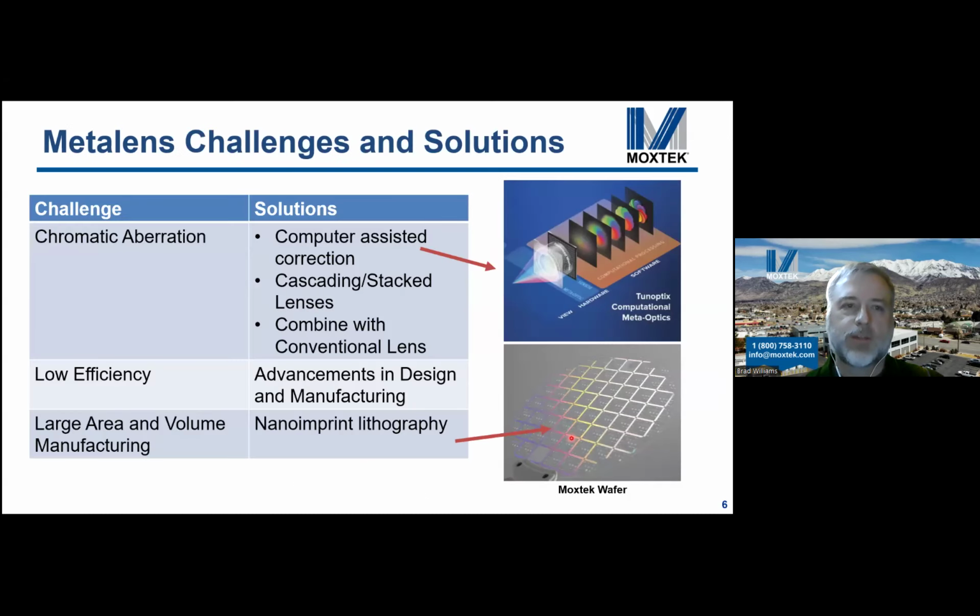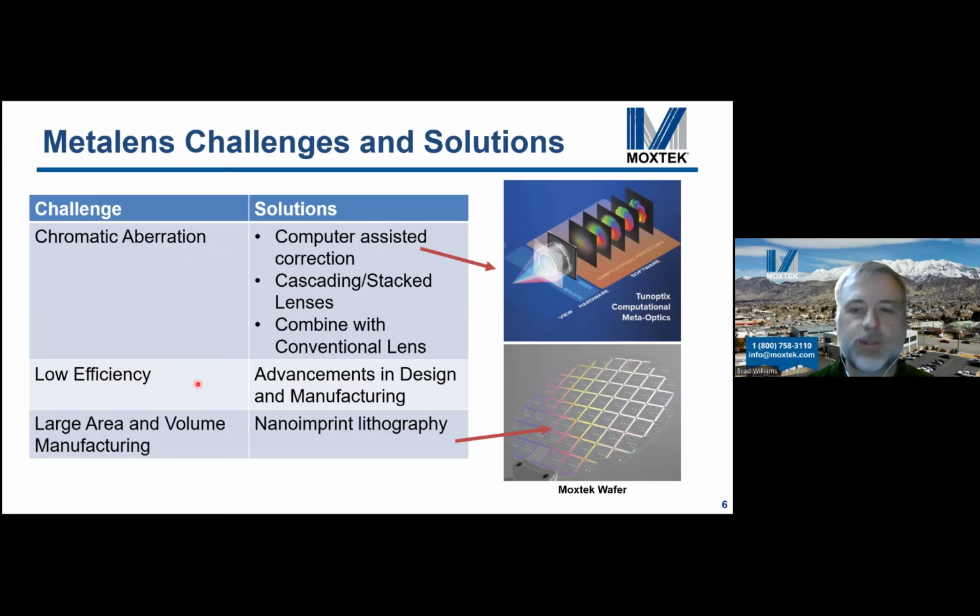Anyway, there are some challenges with bringing in metal lenses. It's a new technology to bring to manufacturing. Chromatic aberration is the number one challenge, and some people are looking at a lot of different ways to address it. Some people are doing lens arrays and different things like that.